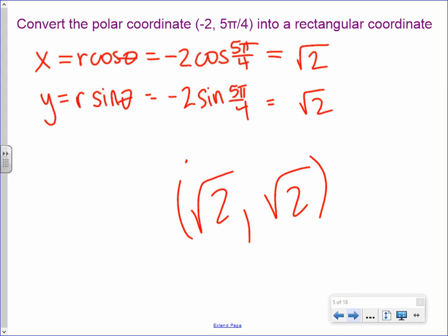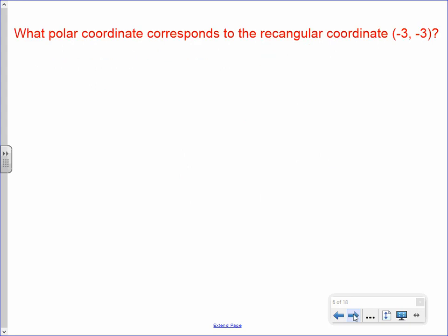If we have two grids, a polar grid has all those special angles marked for us, already measured out. It's pretty hard to find 5 pi over 4 exactly by hand, but it'll be measured out for you. Do you see any grid marks that are out by radical 2? It's hard to make that distance on the graph. That is very true.